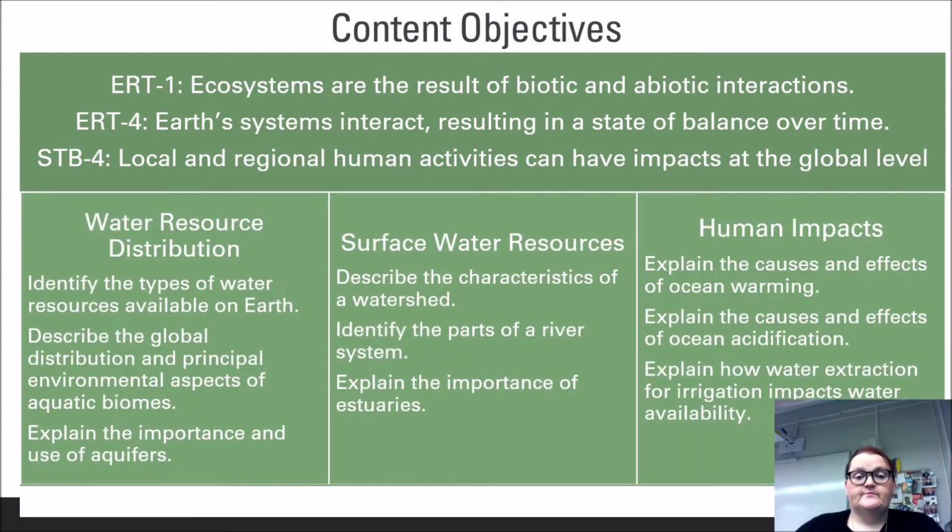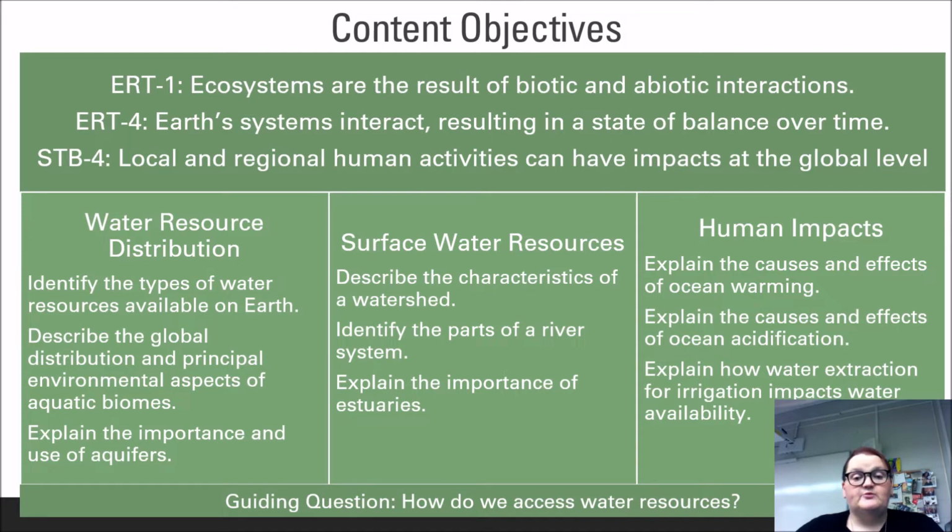At the end of this lesson, you should be able to identify the types of water resources available on Earth, describe the global distribution and principal environmental aspects of aquatic biomes, explain the importance and use of aquifers, describe the characteristics of a watershed, identify the parts of a river system, explain the importance of estuaries, explain the causes and effects of global ocean warming, explain the causes and effects of ocean acidification, and explain how water extraction for irrigation impacts water availability.